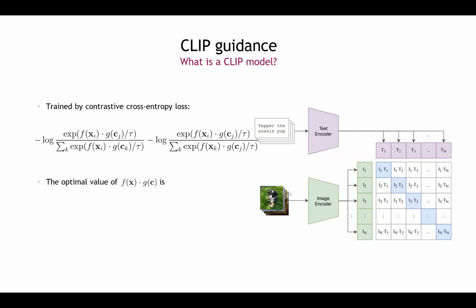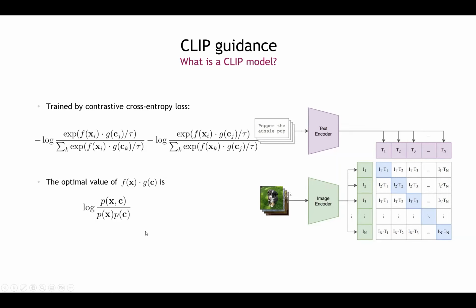Now, what they found out is that the optimal value of this similarity between the text encoding and the image encoding is log of P(x, c), which is the joint probability of the image and the caption, divided by the probability of x and the probability of c, and log of that.